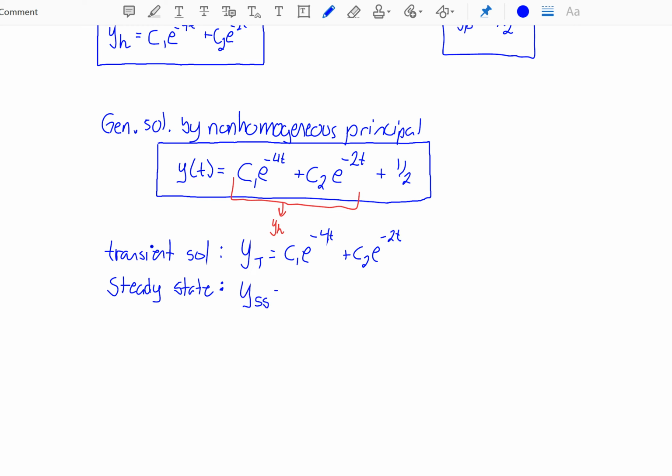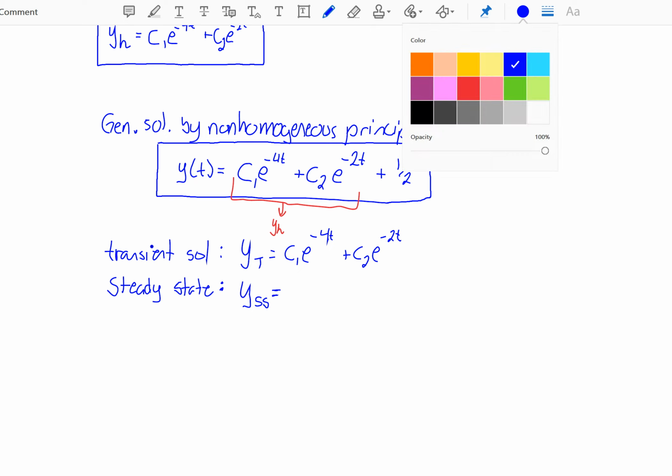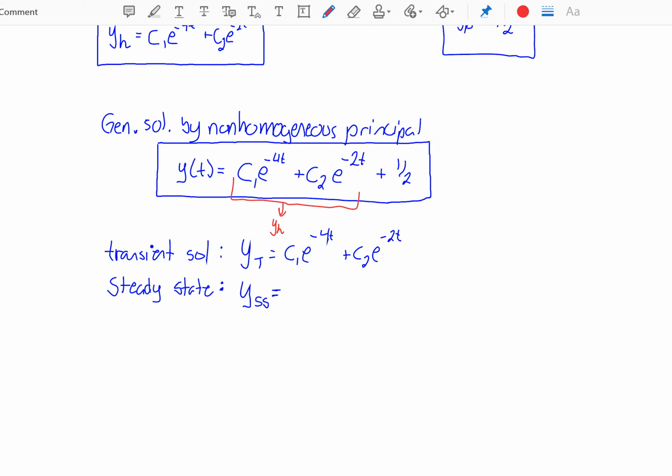While your steady state solution will be the portion of the solution that remains after the transient solution has died out. That is going to come from your particular solution, yp. So here our steady state solution is just 1/2.